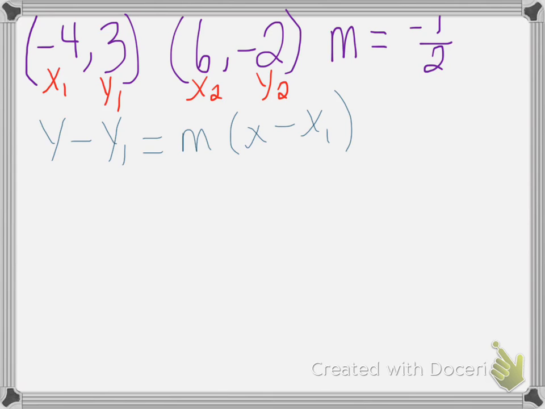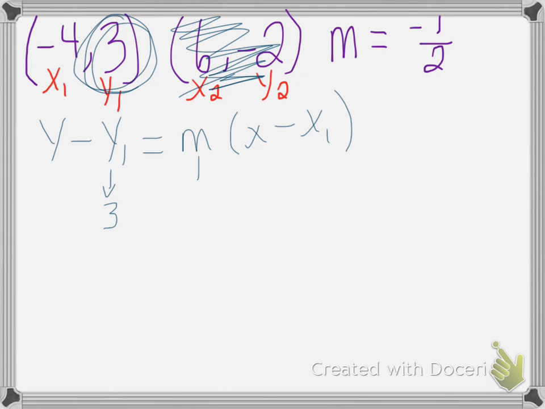And since we had to find the slope, we have everything labeled. There's x1, here's y1. So, ready to go. We don't need this right now. So here we go. y1 is right here, which is 3. m, we have it as right here, -1/2.